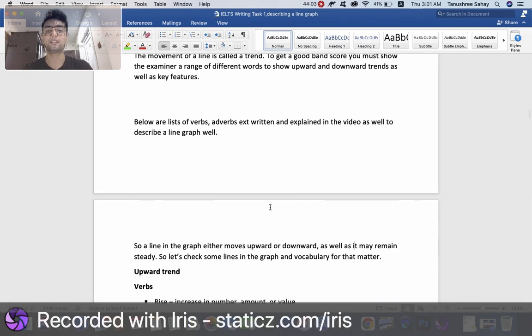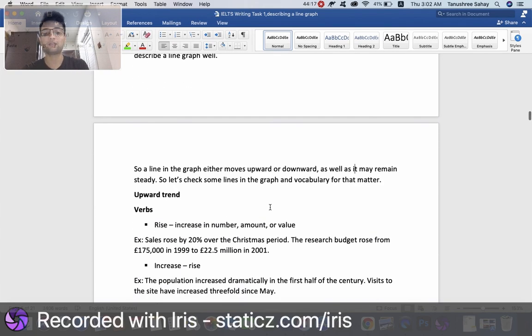Below are lists of verbs, adverbs, and adjectives written and explained in this video to describe a line graph. A line in the graph either moves upward, downward, or it may remain steady.